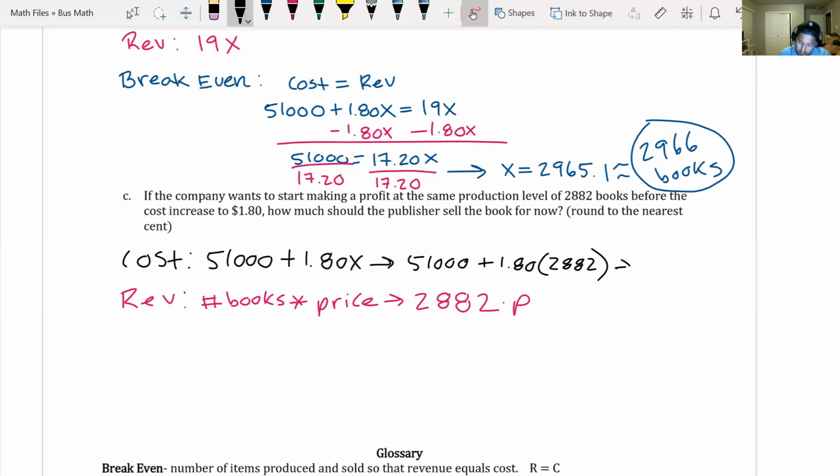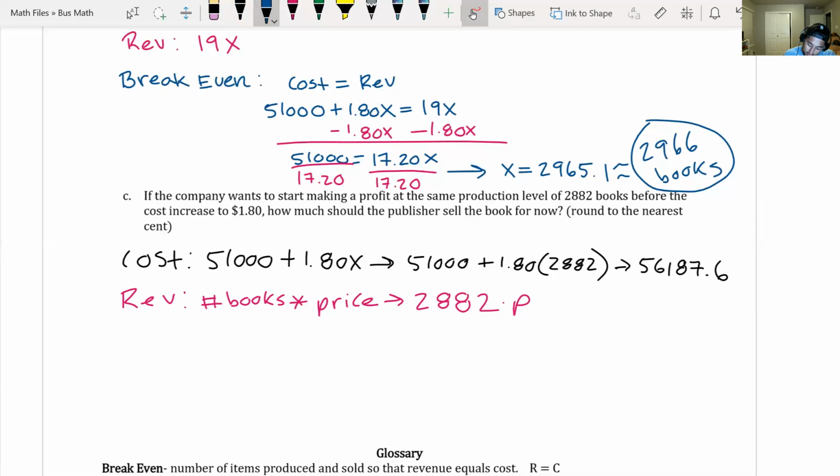And if I type all that in the calculator, 51,000 plus 1.8 times 2,882, I get 56,187.6.